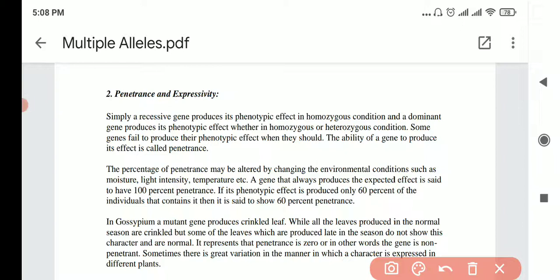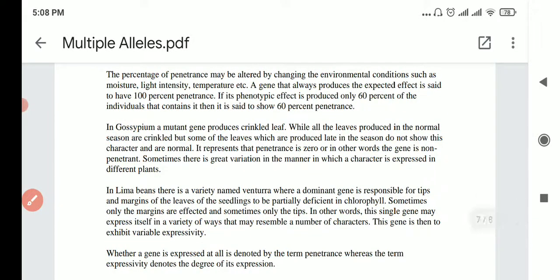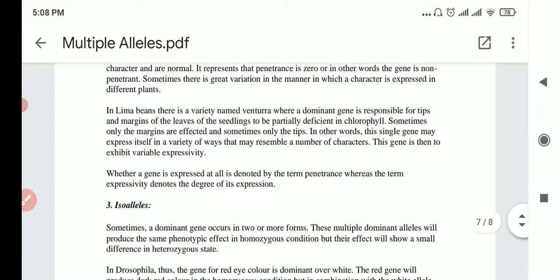But if you delay their fruiting, they will not show the crinkled nature, okay. So it shows that the crinkle expression of the gene doesn't penetrate well in the off season, okay. So you can read the other example by yourself, the lima bean example.